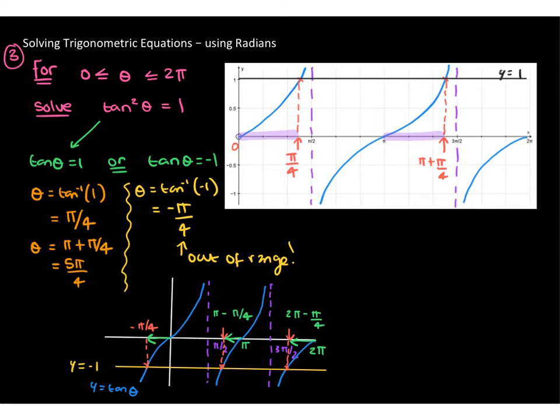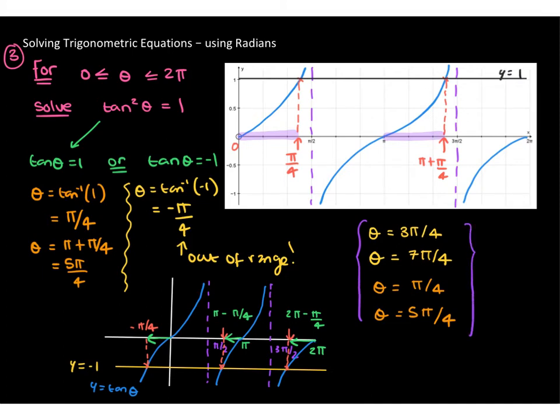So my actual answers are theta equals 3 pi by 4 and theta equals 7 pi by 4, and these join the two orange answers that I had previously, which were theta equals pi by 4 and theta equals 5 pi by 4. So because of the original plus or minus in this question, we've got 4 possible answers here.